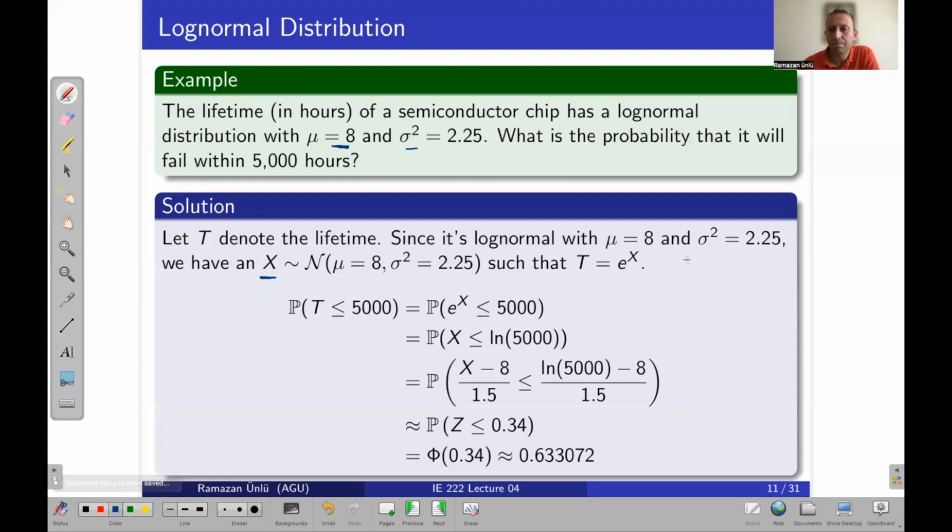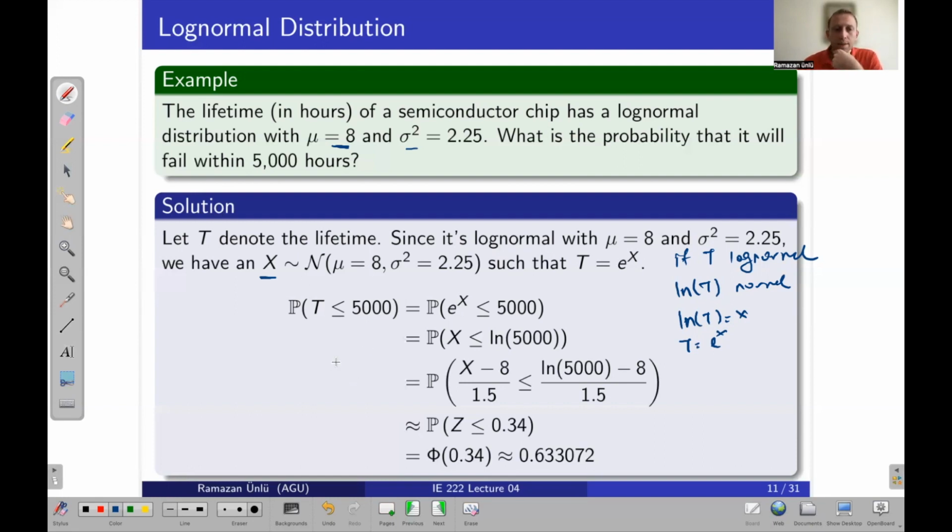Because remember that if t is log normal, then ln of t is normal, right? So ln of t is something x, and t is equal to e to the x, and we know that x is normally distributed.